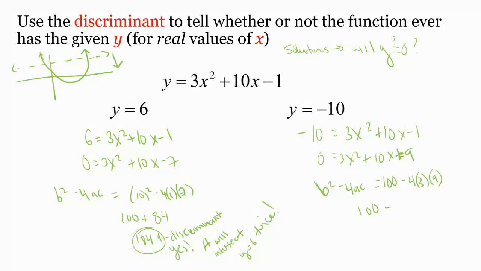So that's 100 minus 108, which gives me negative 8. So will they ever intersect? Nope, they won't. My discriminant is negative, so that's going to give me 2 imaginary solutions, which means that it doesn't actually have an x-intercept on the real coordinate plane. So this graph will never actually intercept y equals negative 10.